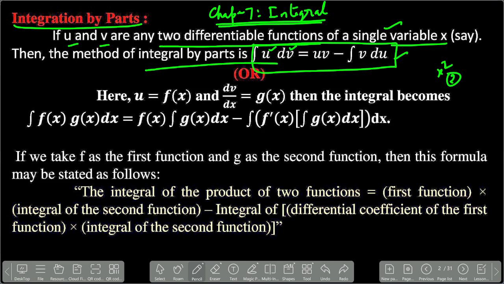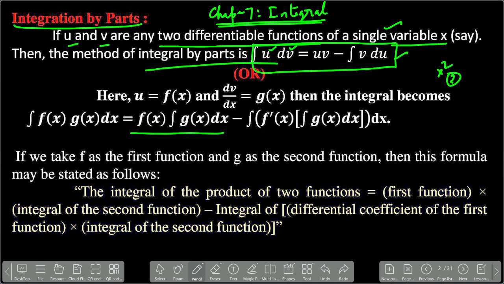That is in your higher classes, not here. The NCERT only suggested integral by parts, that is u dv equal to uv minus v into du. Most of the teachers, the NCERT, apply this formula only.